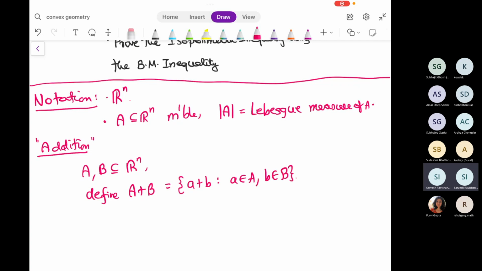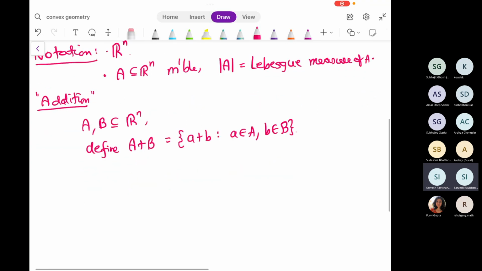Now the way to think of this object geometrically is that, let's say, A is perhaps a triangle and B is perhaps a circle. So maybe this is A and this is B. So what you're doing is you're taking each point of A and you paste a copy of B at that point.